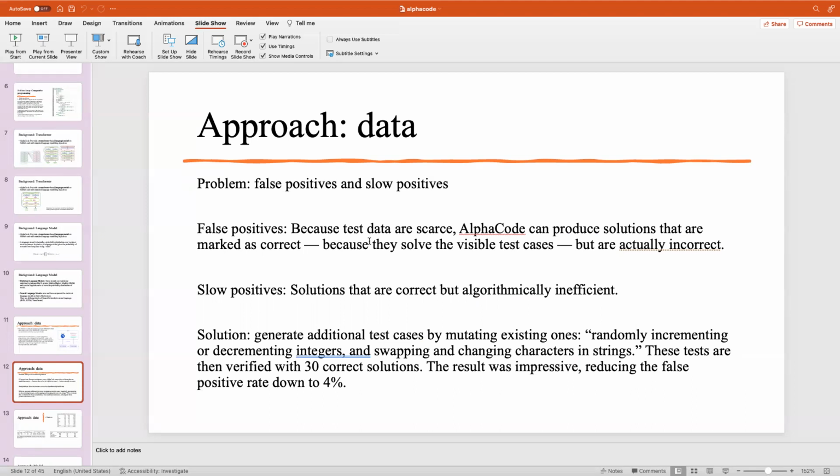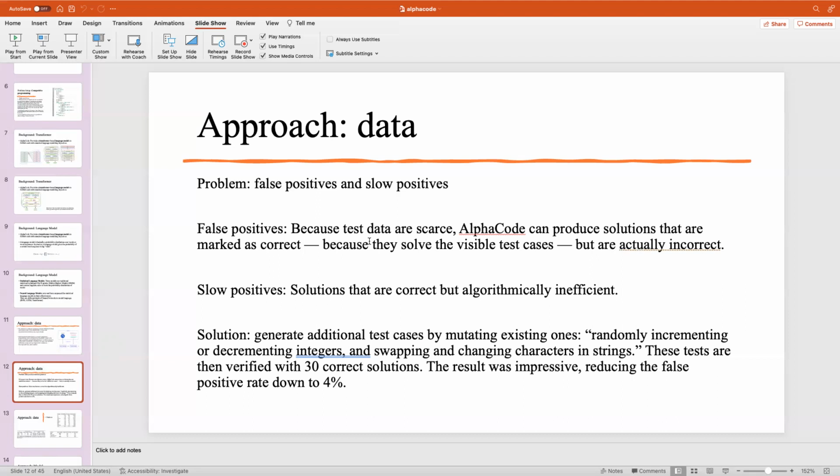So this caused the false positive problem. And another exception is the slow positives, which are some solutions that are correct, but they are algorithmically inefficient. So they are very slow to execute.